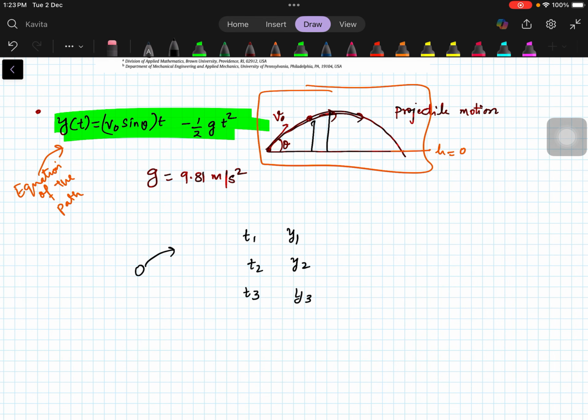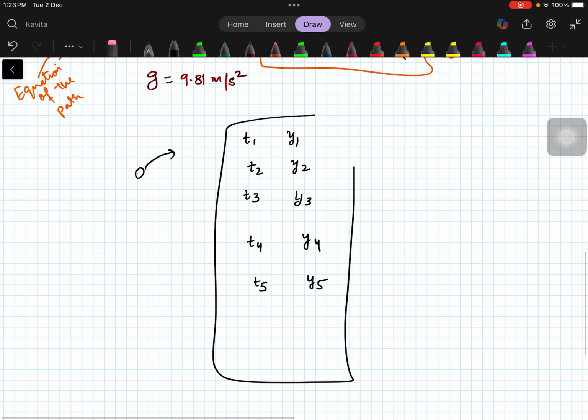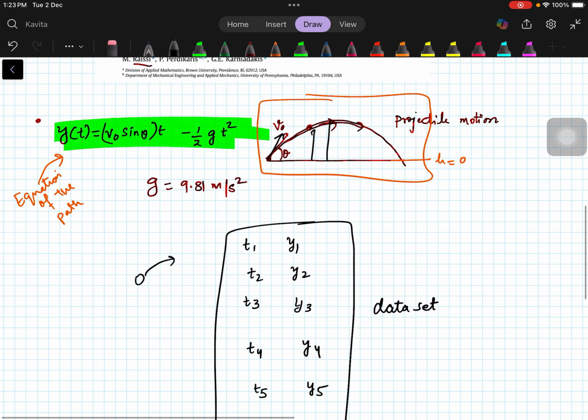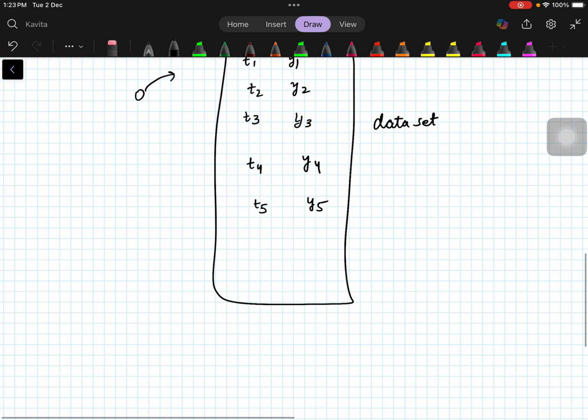You keep on throwing balls from here at the same angle theta, and you keep on measuring the height after some time. So you will have a data set for this particular model. Now you put this into what the traditional neural networks do.